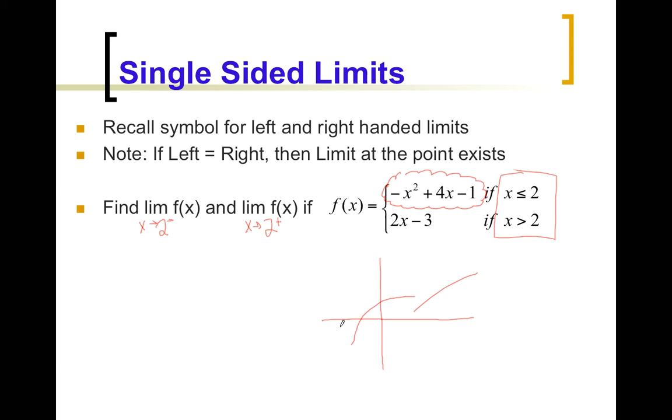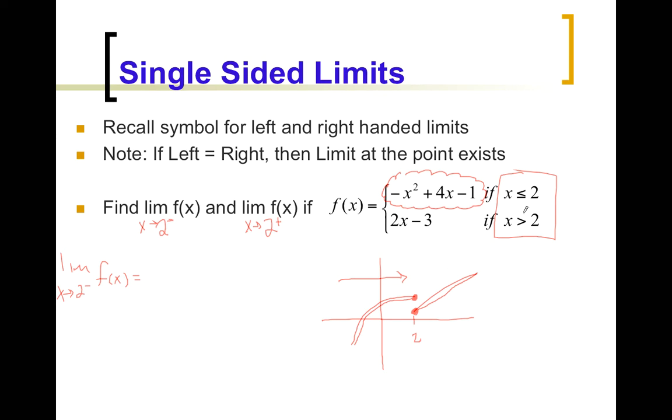There's going to be a jump, but from the left-hand side of 2, it's following this line coming up to this y value. And as we approach from the right-hand side, the function is reaching this y value in the other function. So let's think first about the limit as x approaches 2 from the left of f of x.